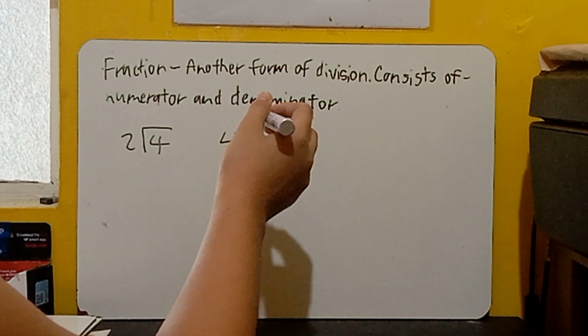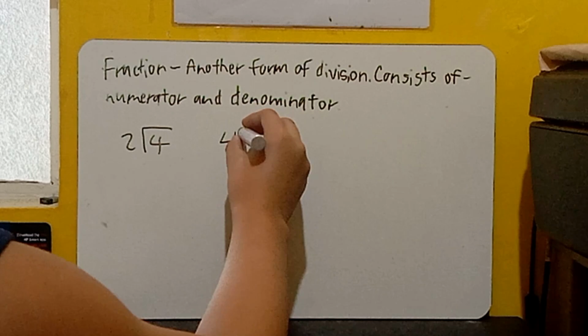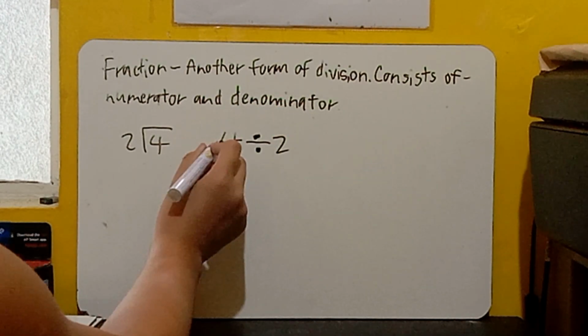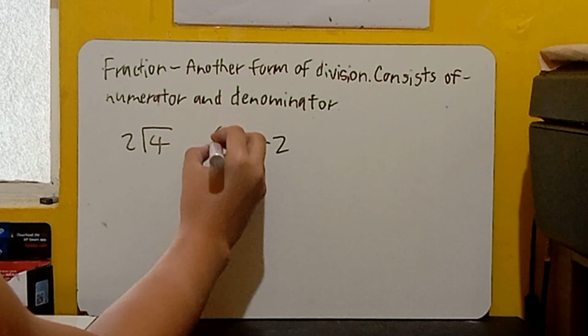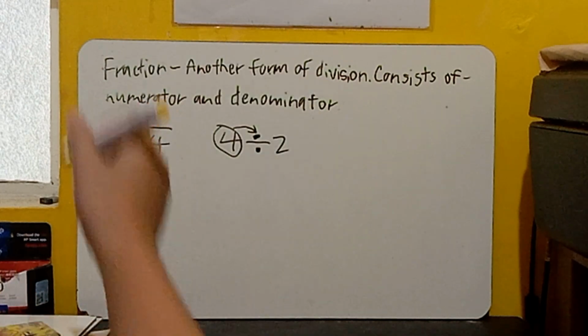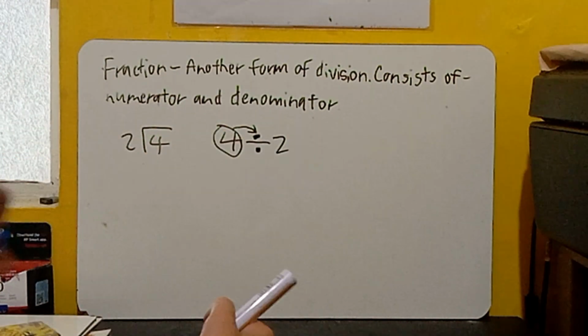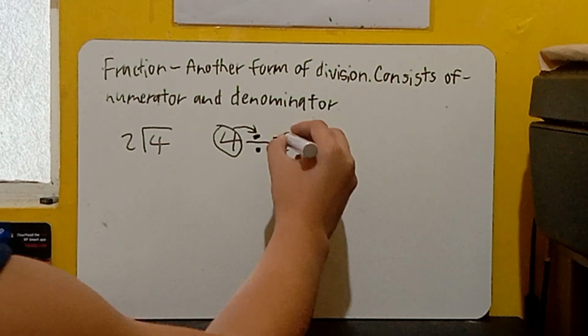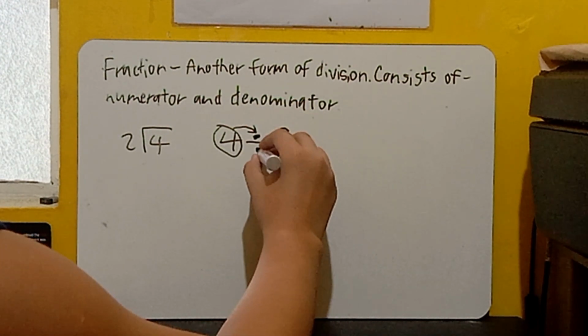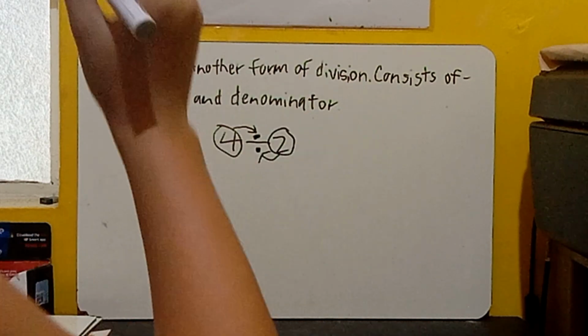To convert it to fractional form, you see this number 4 right here. You will put this number 4 here, replacing the dot, and then this number 2, we're gonna put it right here, replacing the second dot.